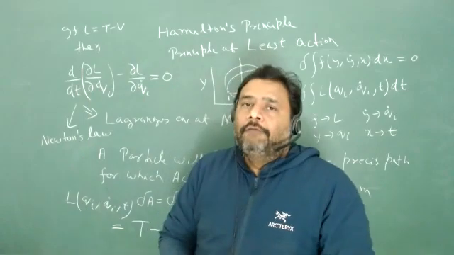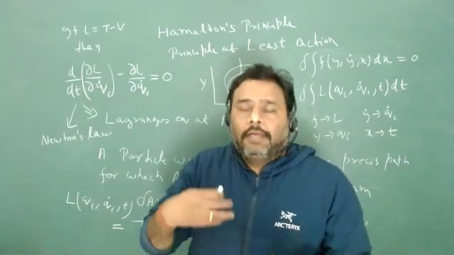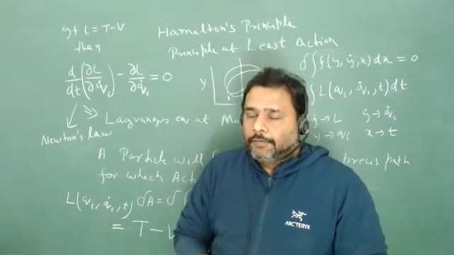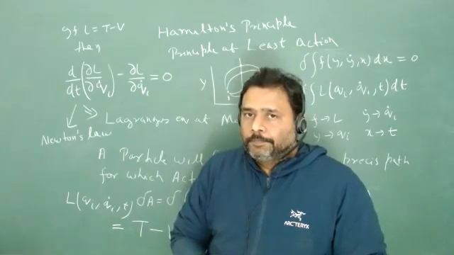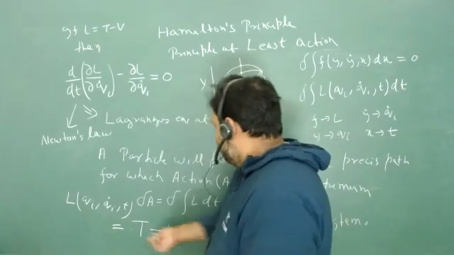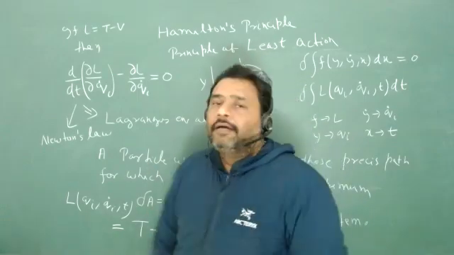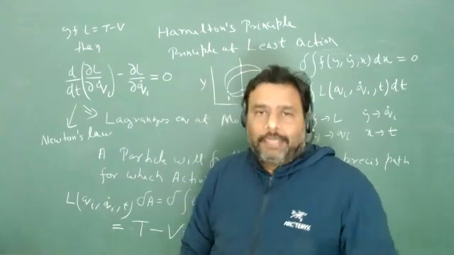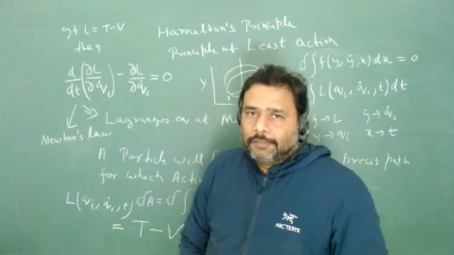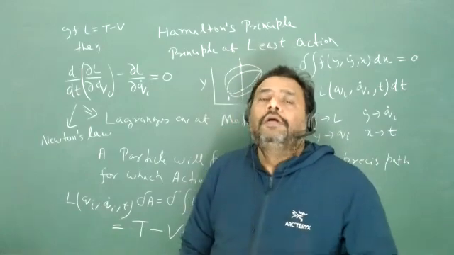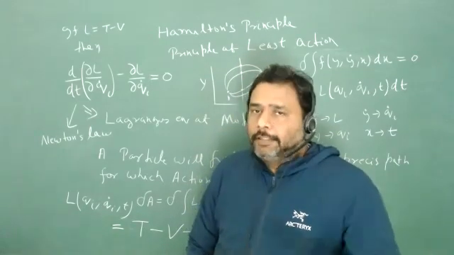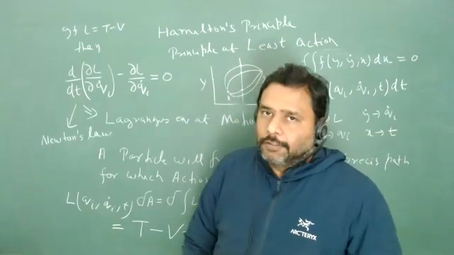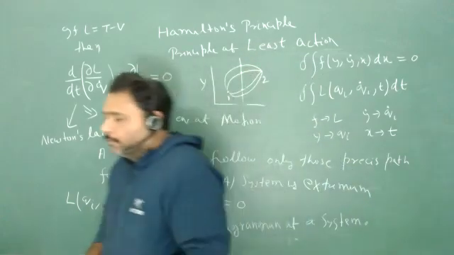So we have to write a suitable expression of L, and this T minus V fits in a very nice way. Okay. So now we have the Lagrangian, we have Lagrange's equation of motion. Now we have to construct more physical quantities from this particular Lagrangian and Lagrange's equation of motion. Okay. So let's try to go for this.